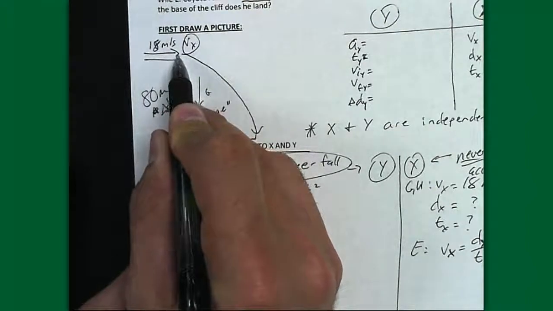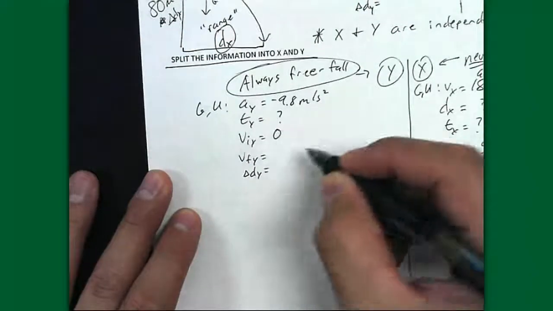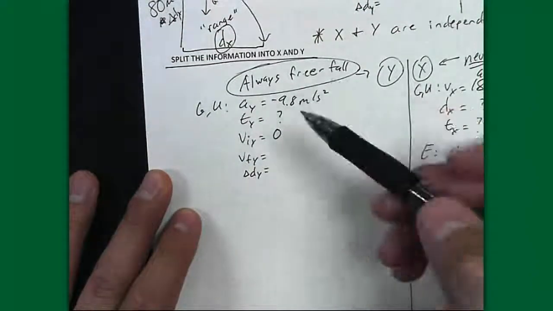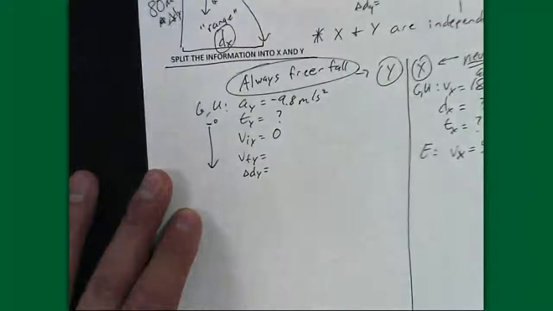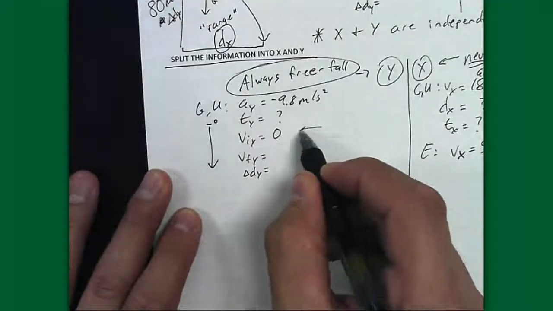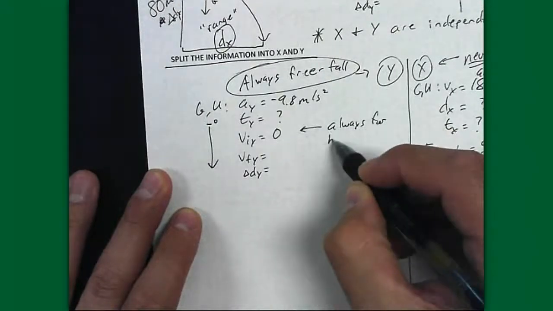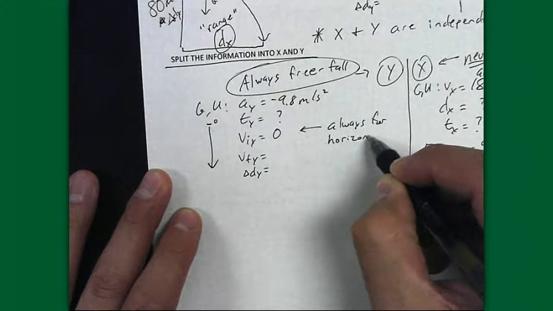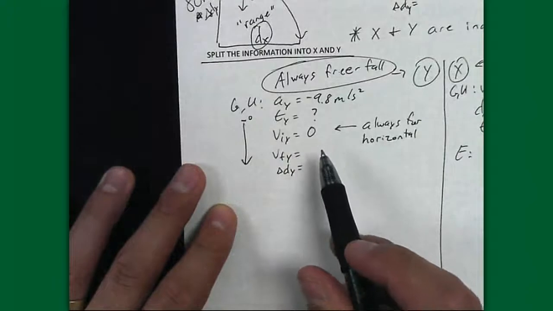Well, the answer is none of it. Therefore, the initial velocity in the y direction is 0, which is similar to many free fall problems that we've done. As long as we're just dropping something, the initial velocity at the top is 0. And this will always be the case for horizontal projectiles. If it's launched horizontally like this, Vi in the y direction will always be 0.